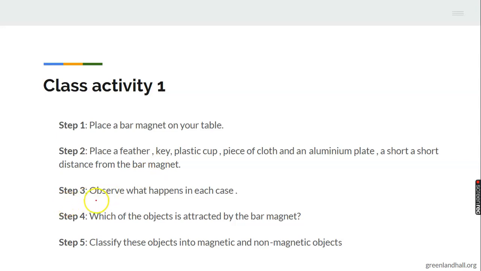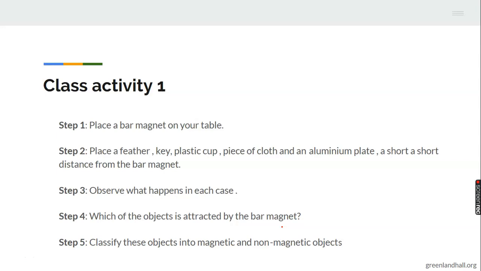So the third step says observe what happened in each case. You place the feather in the force field of the magnet, see if it will attract. Put the key there in that magnetic field area. Then same thing, take them one after the other. So you observe what happened and write it down in each case. Step 4, which of the objects is attracted to the bar magnet? From your observation, which one do you think is attracted to that bar magnet out of all of them?